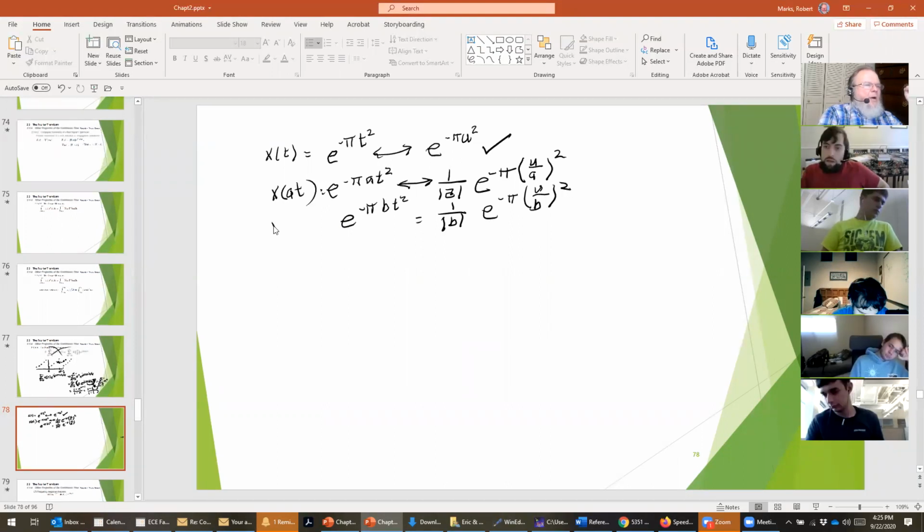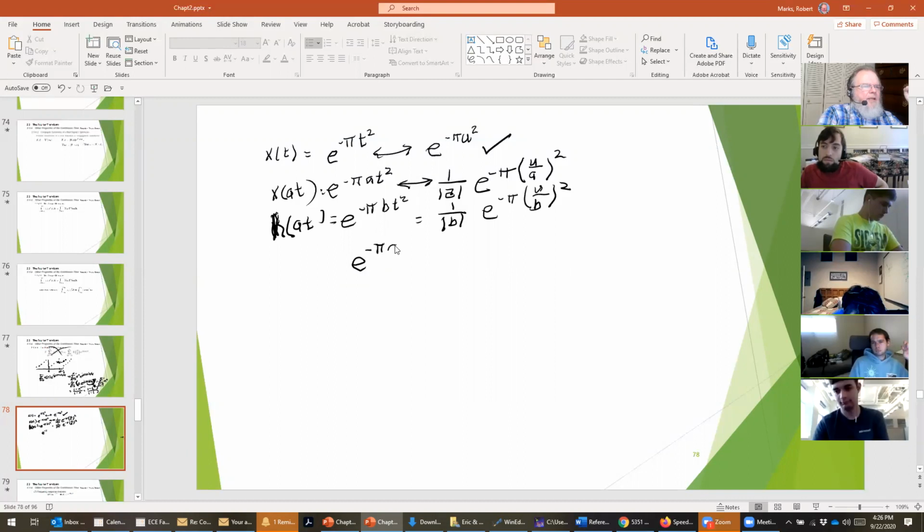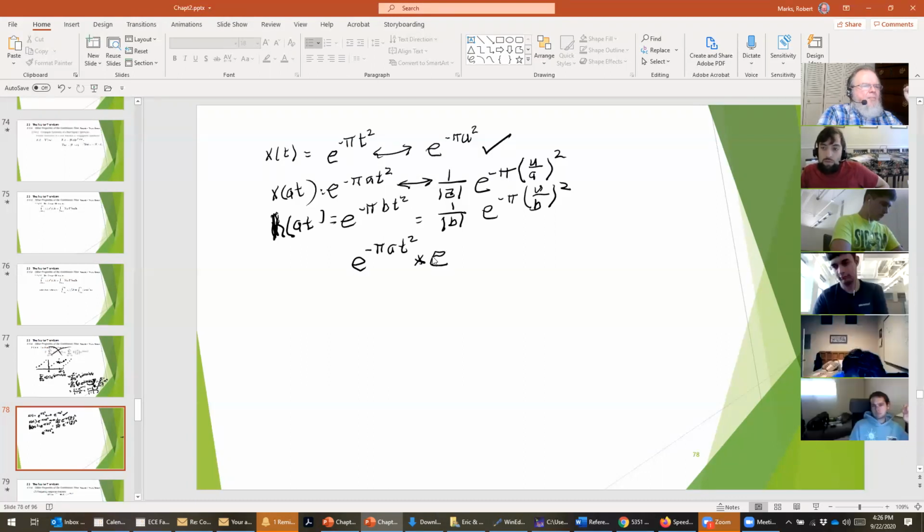And let's call this h of t, h of at. So then we know that when we convolve in one domain, what do we do in the other domain? Everybody said multiply.